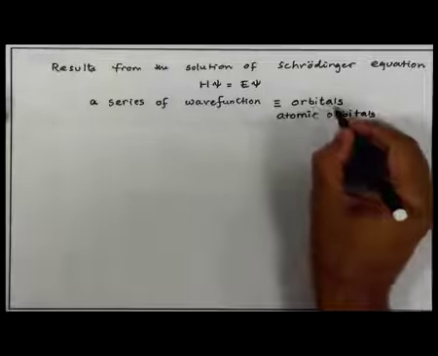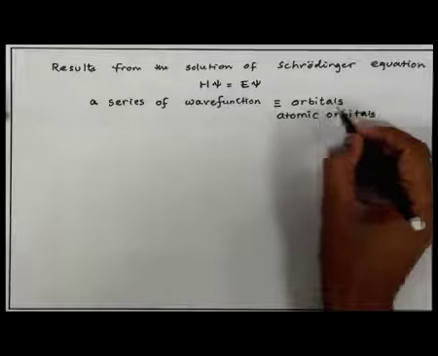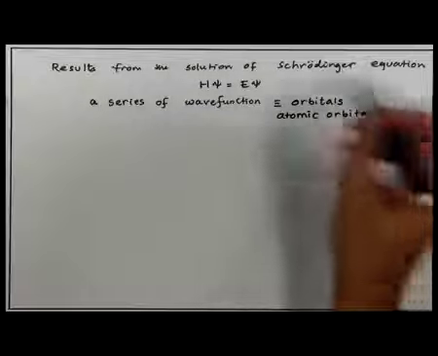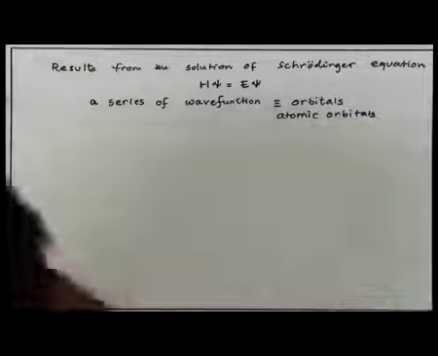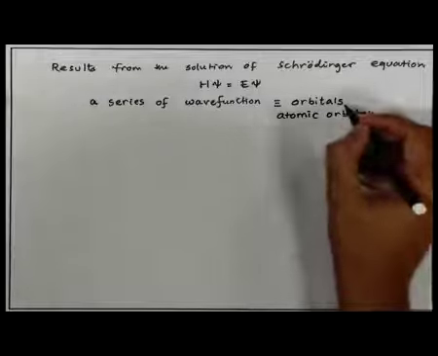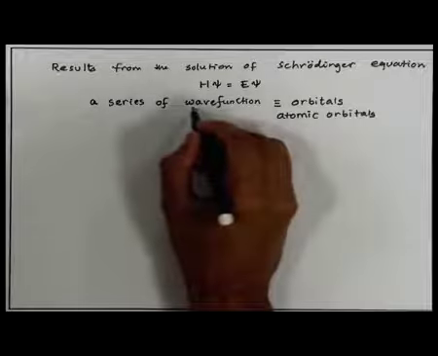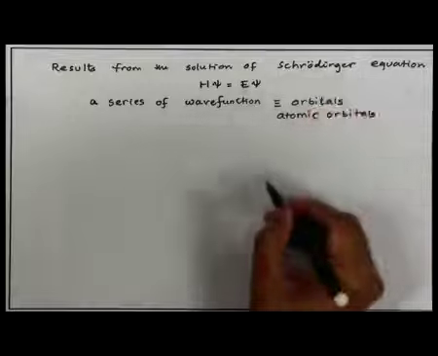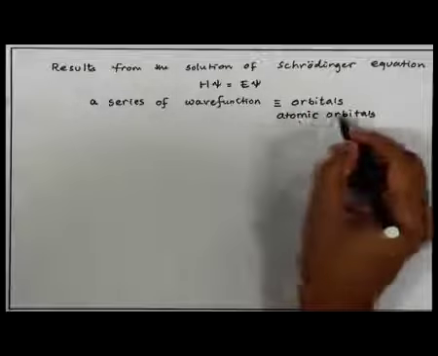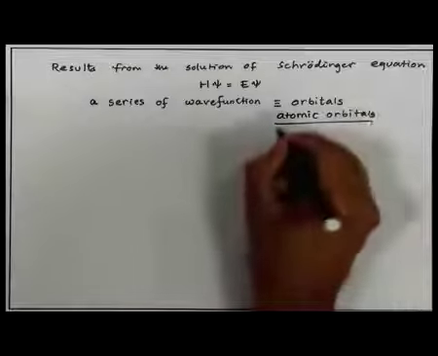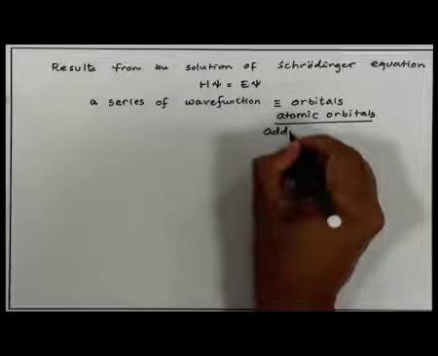These orbitals are different from the orbits that we saw in Bohr's atomic model. Orbits were fixed paths around which the electron was going in Bohr's atomic model. Orbitals are the wave functions obtained from solving the Schrodinger equation, and these orbitals actually give us the address of electrons.